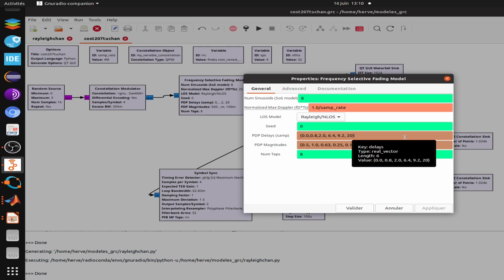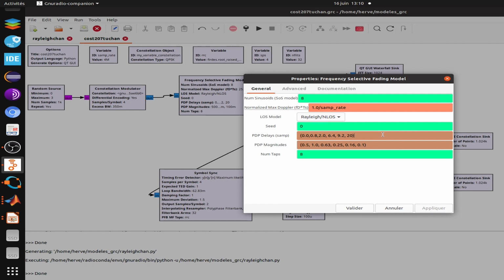For example, if I take the last path, the 6th path in the table you get for this model, it says that it's got a delay of 5 microseconds. So 5 microseconds with my 4 megahertz sample rate transforms into 20.